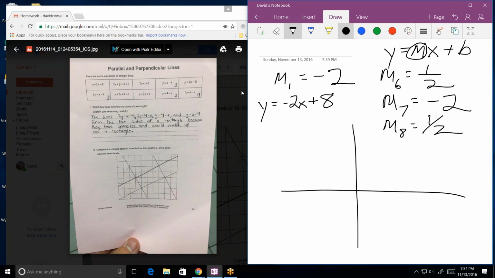But once I get it in mx plus b format, I know how to graph it. Where do I start? At 8 on the y-axis. There's one point on my first line. Now what? I need a second point. To draw a line, I've got to have two points.